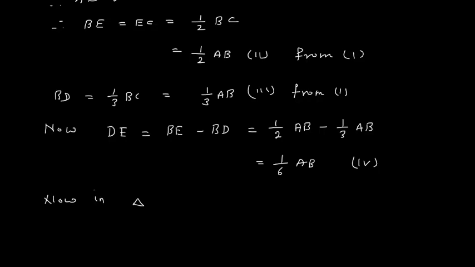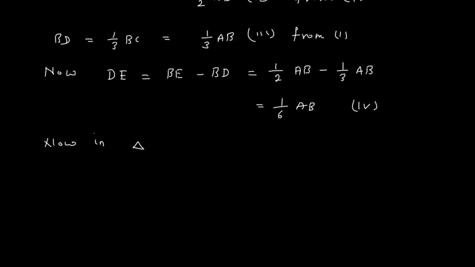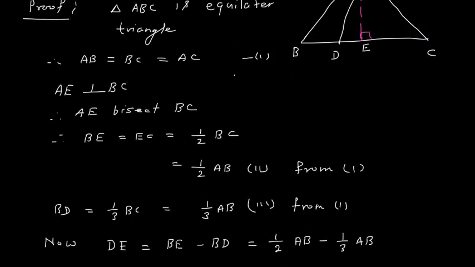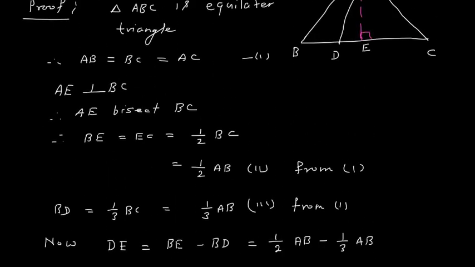Now I will take triangle ADE. In triangle ADE, angle E is equal to 90 degrees. Therefore, AD square is equal to AE square plus ED square.